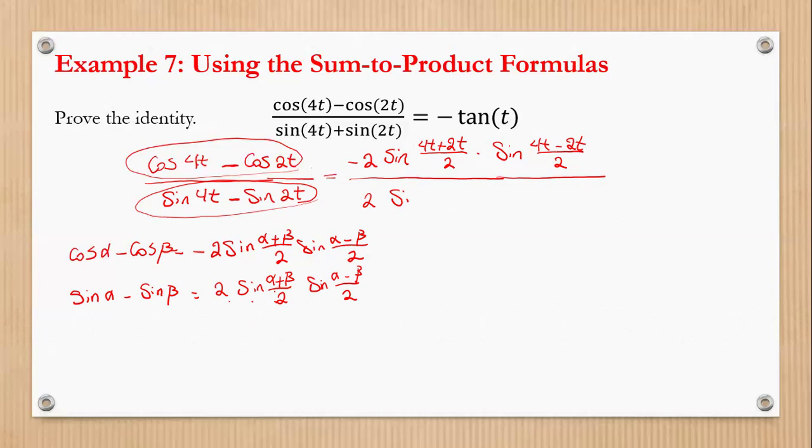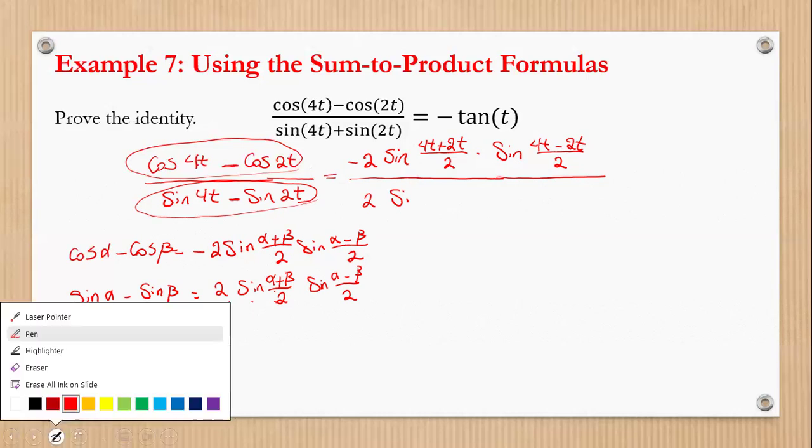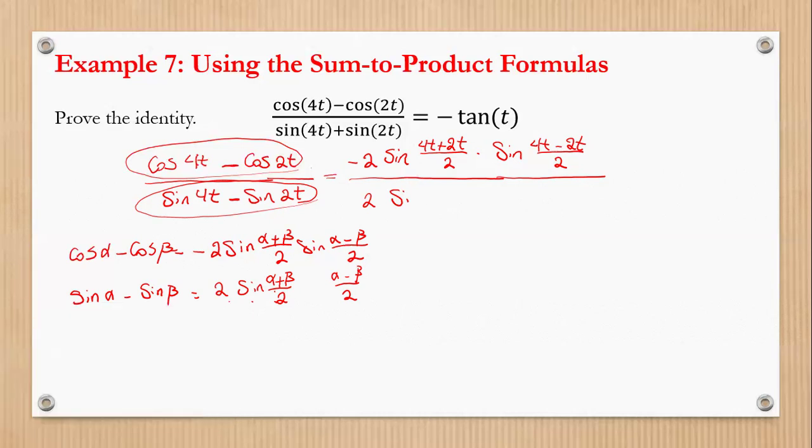Oh, that's a cosine, sorry. Sine times cosine, that's the formula. So it's 2 sine of 4t plus 2t over 2 times cosine of 4t minus 2t over 2.